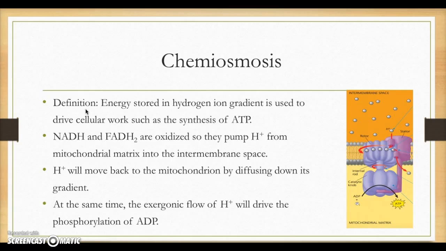So during this time, the concentration of hydrogen ions in the intermembrane space is higher than that of the mitochondrial matrix. So the hydrogen ions will tend to move back to the mitochondrion by diffusing down their gradient. At the same time, the exergonic flow of hydrogen ions will drive the phosphorylation of ADP.